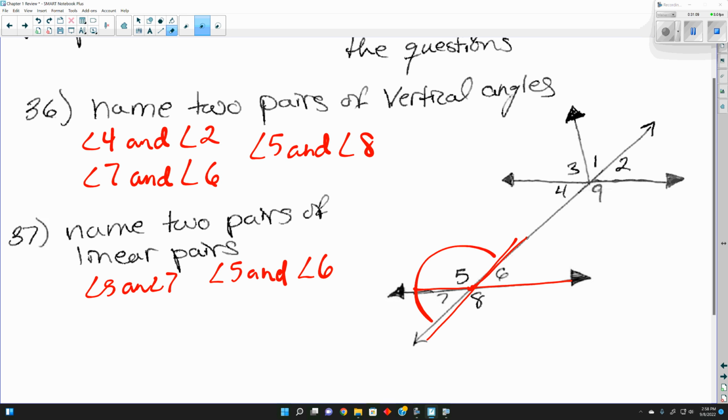Really, if 2 lines intersect, any of the 2 angles that are next to each other will work. 5 and 6, 6 and 8, 7 and 8. 2 and 9, yes. 6 and... yes, 7 and 5 work.